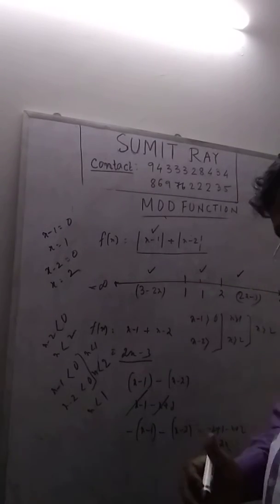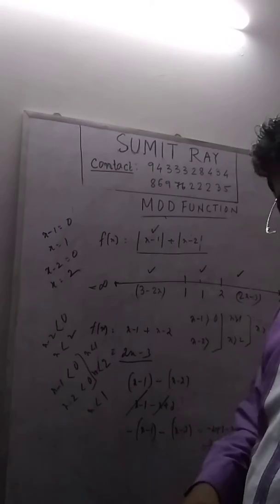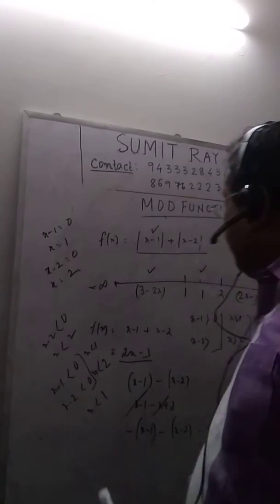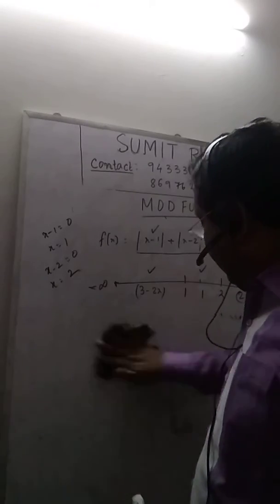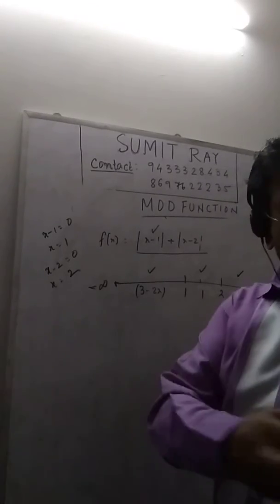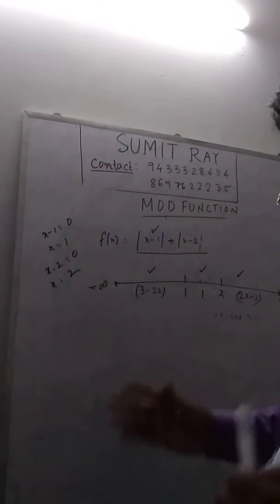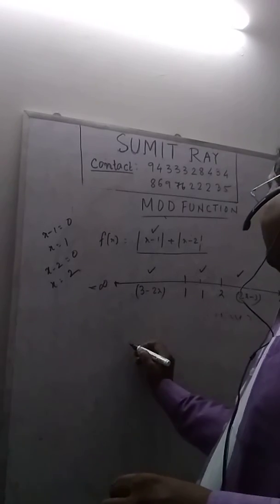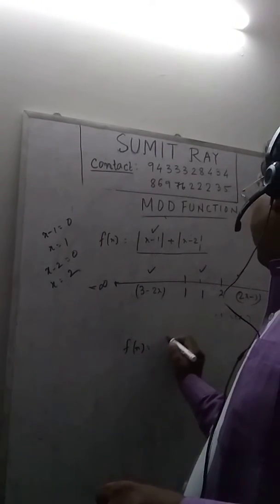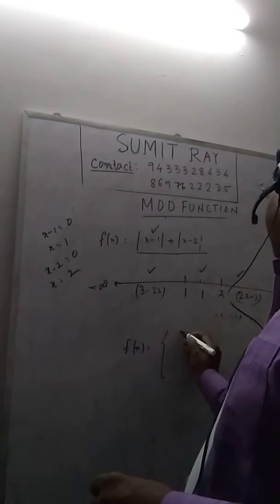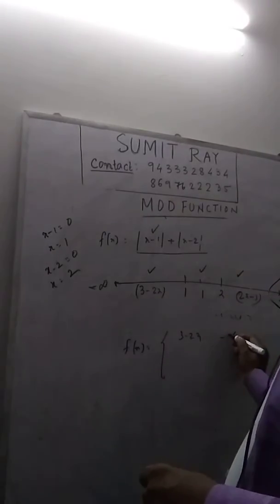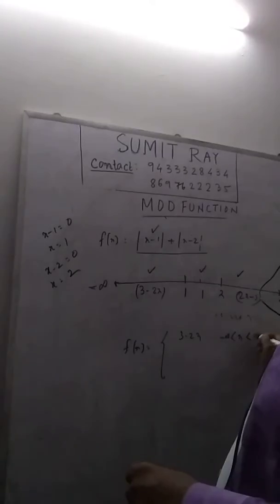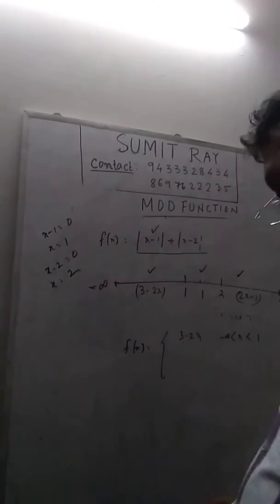And therefore, the piecewise function, if you want to write it in the proper shape, once I get this along the number line, you can write in this fashion the way I am writing. We can write that f of x is equal to 3 minus 2x if x is more than minus infinity and less than 1.